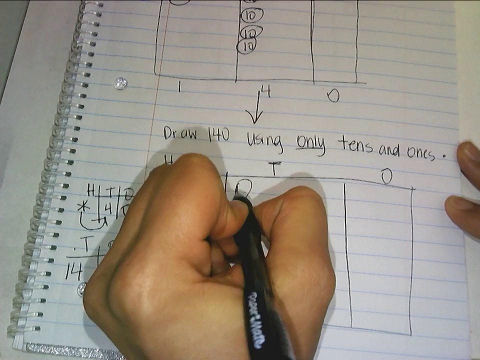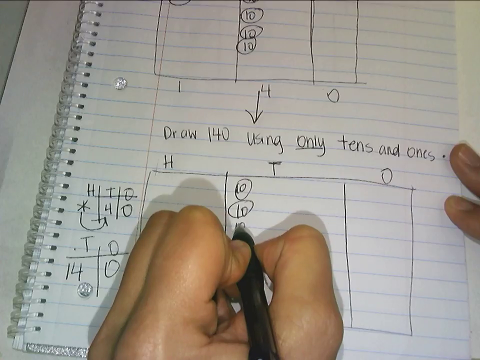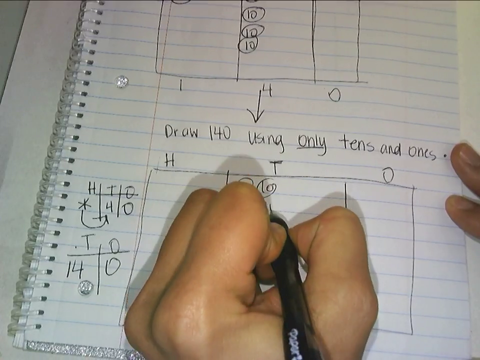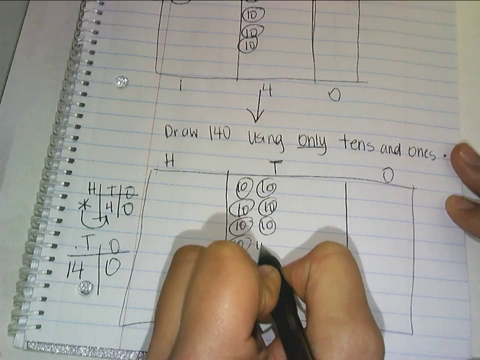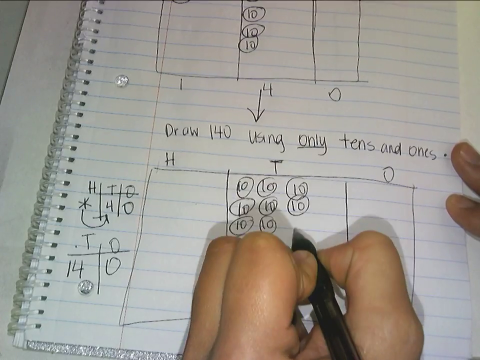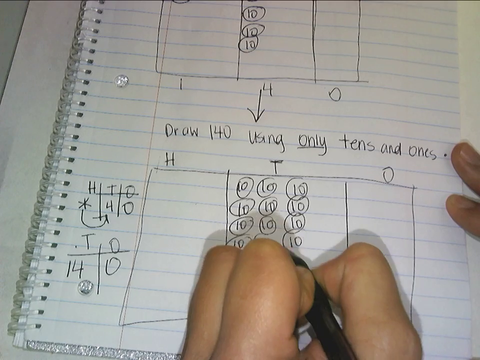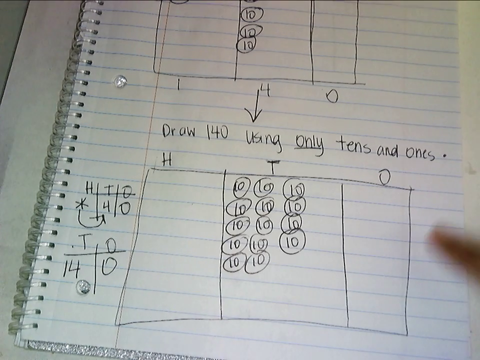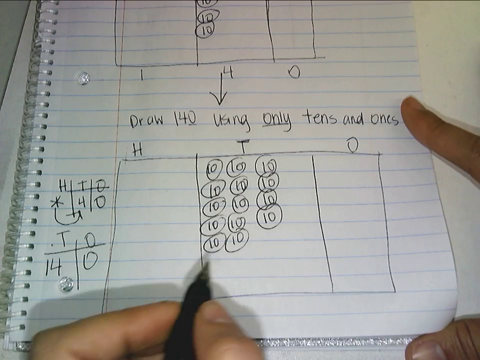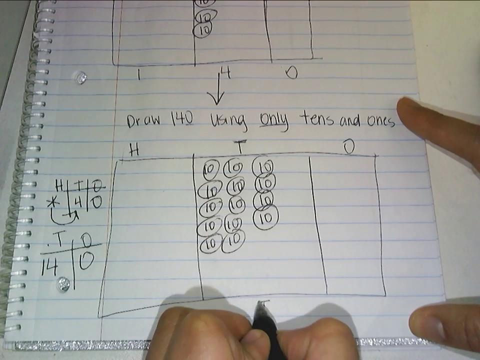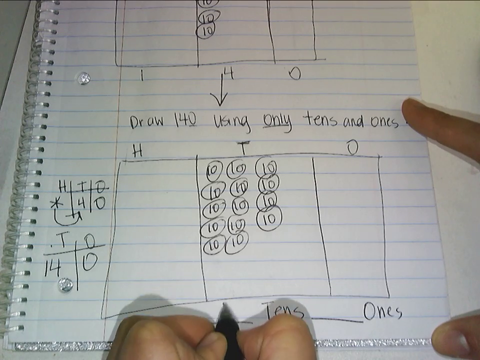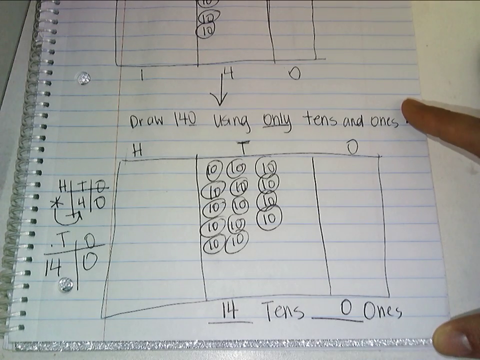So I'm going to go 10, 20, 30, 40, 50, 60, 70, 80, 90, 100, 110, 120, 130, 140. And no ones because there aren't any ones. Does that make sense? So if I'm using only tens and ones, I only want blank tens and blank ones. So that means I have 14 tens and 0 ones.